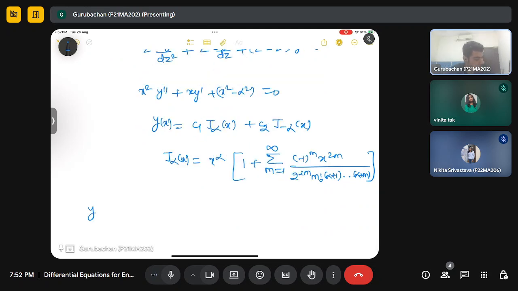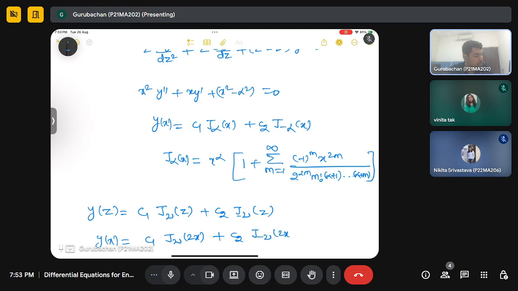Here, since we have transformed the independent variable, y(z) will be c1 J nu z plus c2 J minus nu z, and your y(x) will come out to be c1 J nu 2x plus c2 J minus nu 2x.